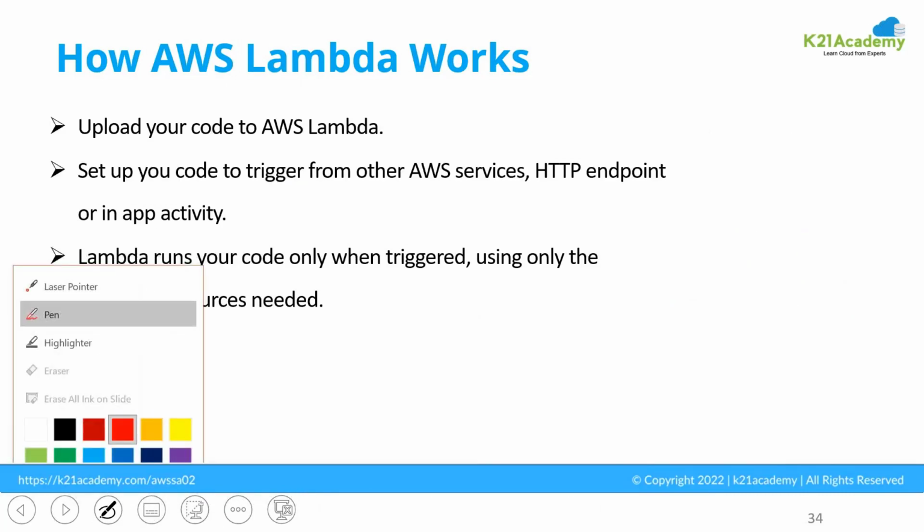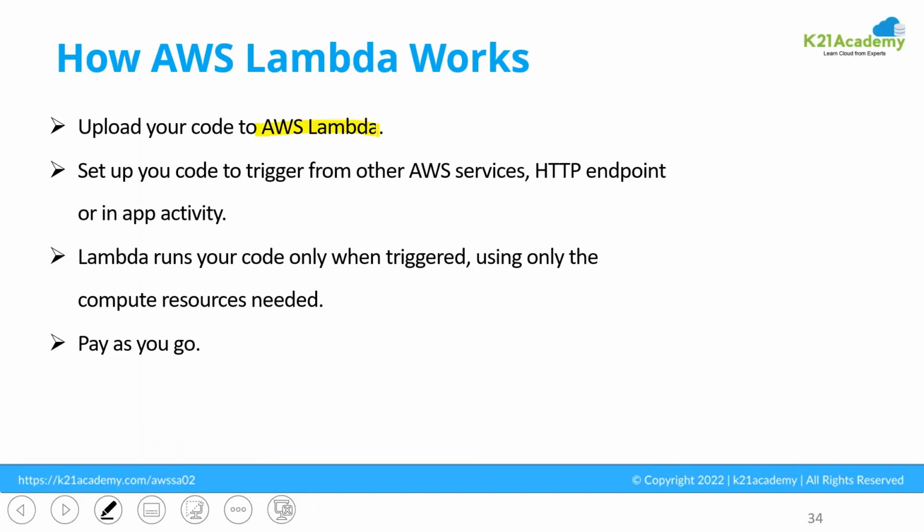What you have to do is, you just have to upload your code, tell when this code will get executed. You have to mention the trigger. Okay. So when the trigger comes, the code will get executed. That's it. And at the time when the code is getting executed, you will be paying for that. So pay as you go. Lambda code runs only when the trigger is there.